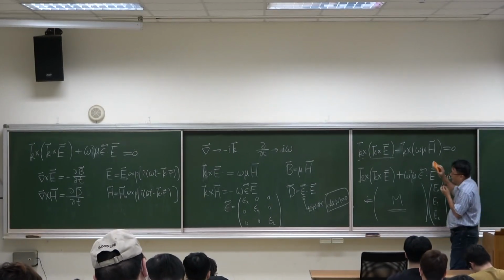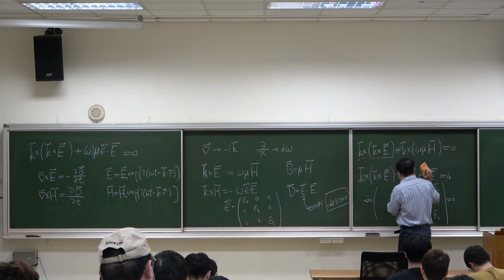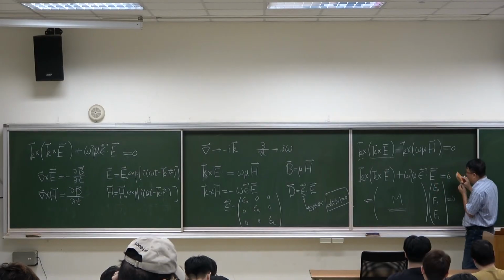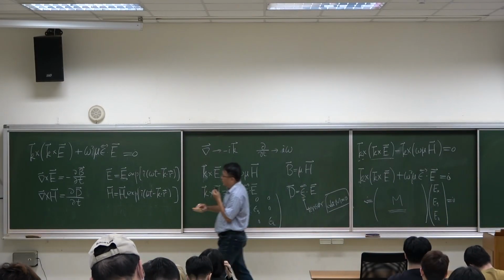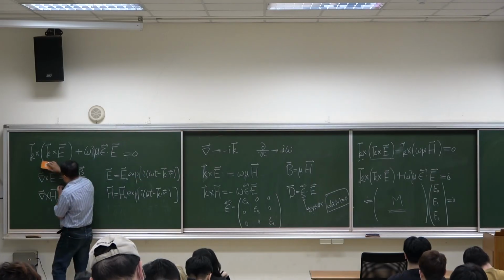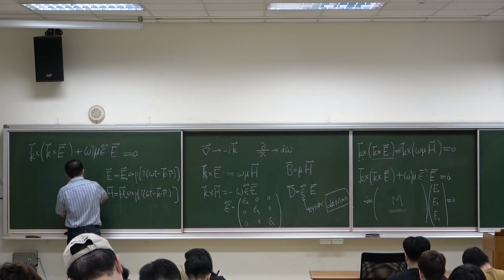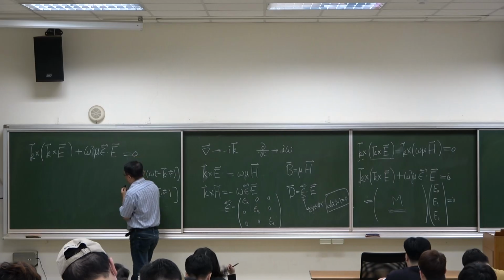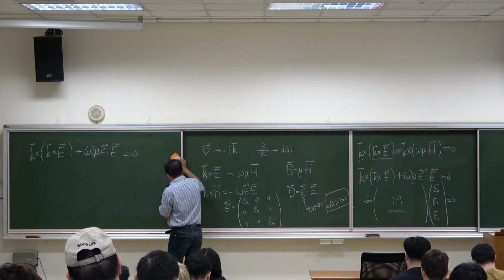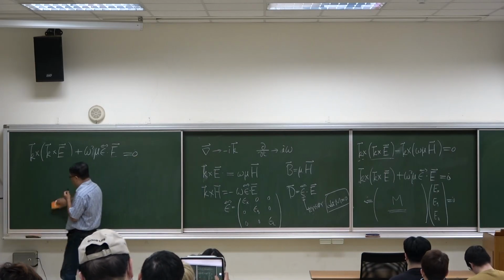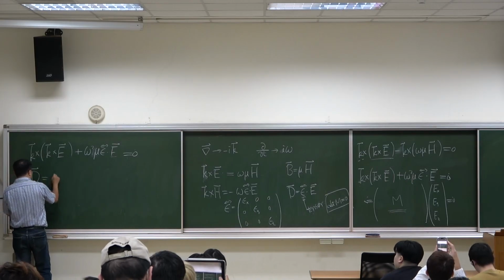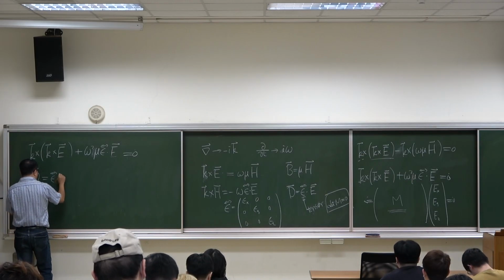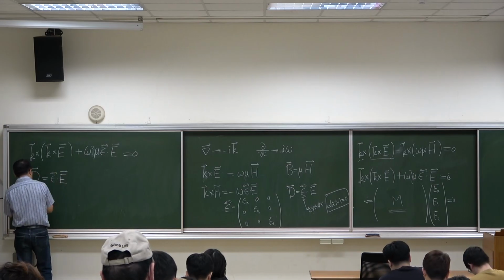But now we change our field variable from E to D. If we change our field variable from E to D, the same equation can give us the so-called index result. D is epsilon times E, the displacement field.